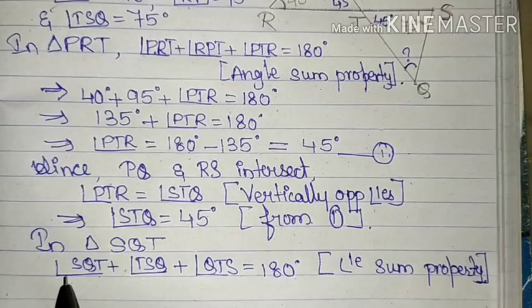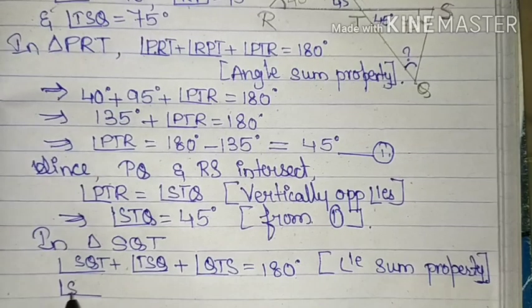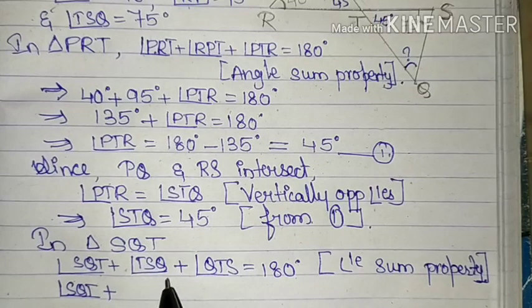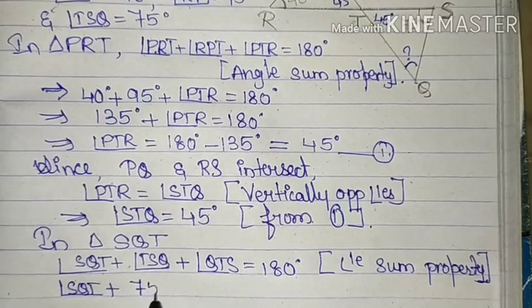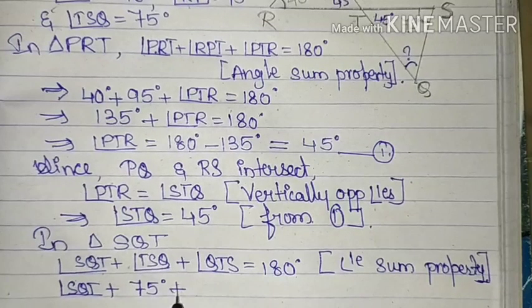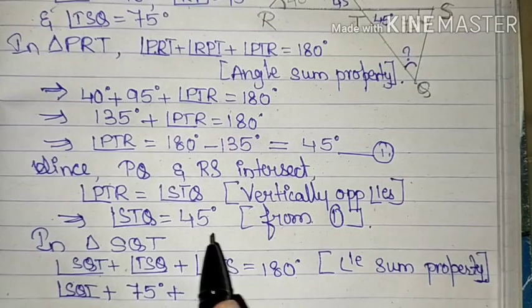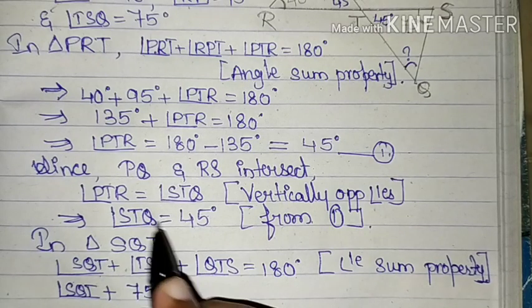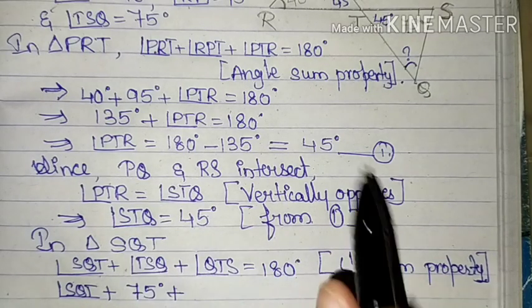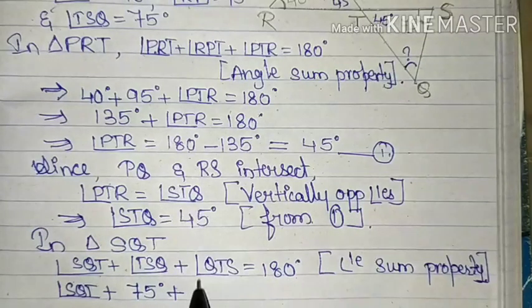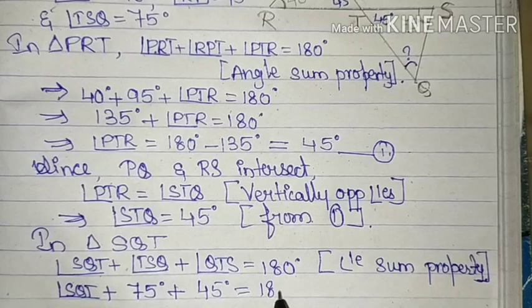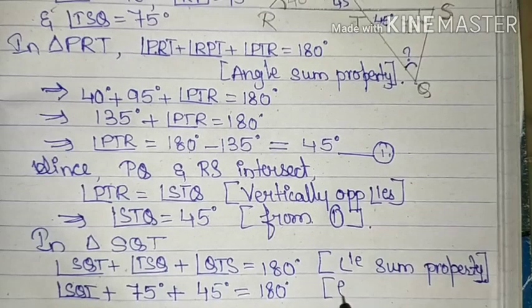So now angle SQT, we don't know the value, so keep it as it is, SQT plus TSQ. TSQ, they have given us the value to be 75 degrees, and QTS, which we found out, QTS or STQ, both are one and the same, so they represent the same angle, which is equal to 45 degrees, is equal to 180 degrees.